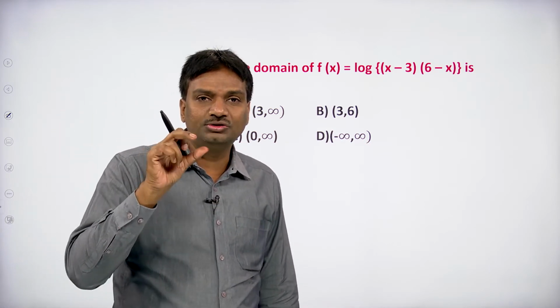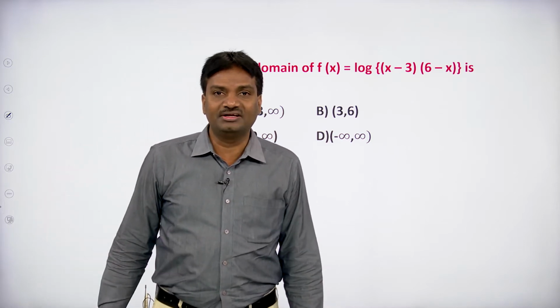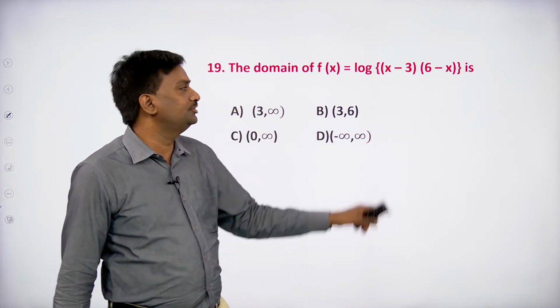Log x to the base a is defined if x is greater than 0. So in place of x we have (x minus 3) into (6 minus x).